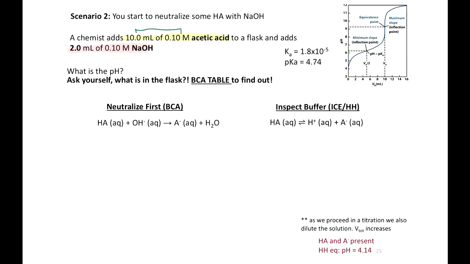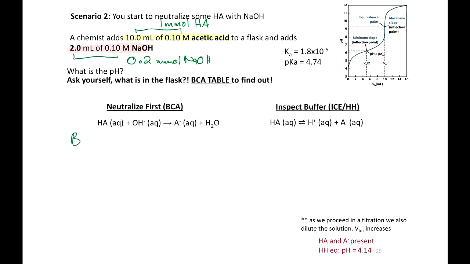So how many millimoles of acetic acid are here? Is that 1? 1 millimole of HA. That's my weak acid. How many millimoles of base do I have? 0.2 millimoles of sodium hydroxide. These two values go into my BCA table.